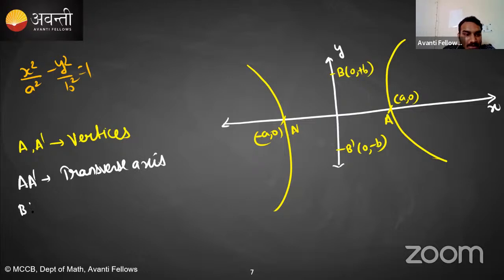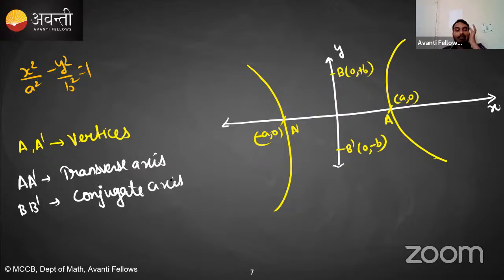And this BB dash is known as the conjugate axis. Will you remember? In the case of ellipse, AA dash was the major axis and BB dash was the minor axis. But in the case of hyperbola, AA dash is the transverse axis and BB dash is the conjugate axis.